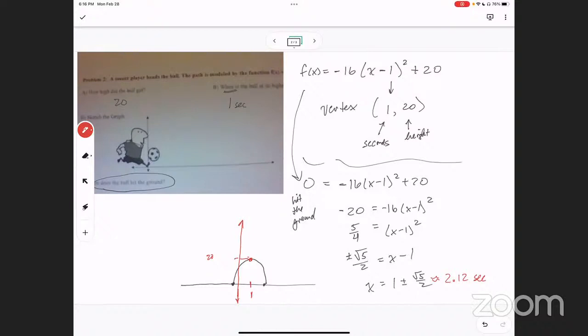Okay, that makes sense? Yeah. So it took 2.12 seconds for the ball to get to the ground? Correct. Okay.